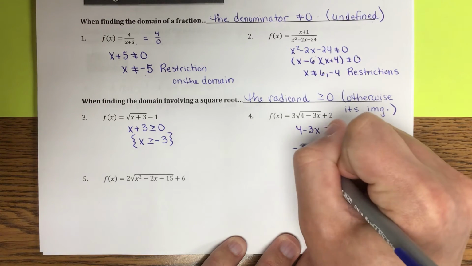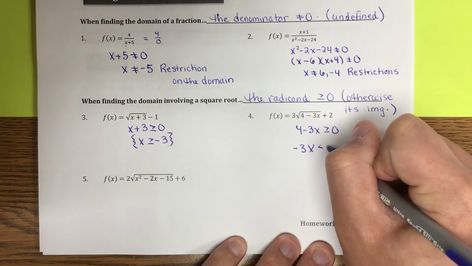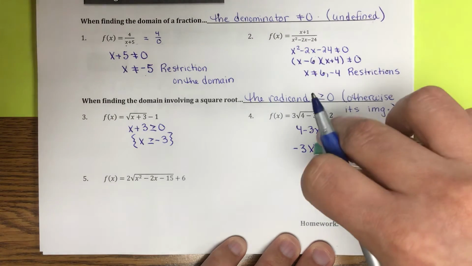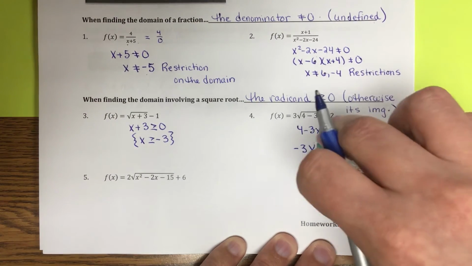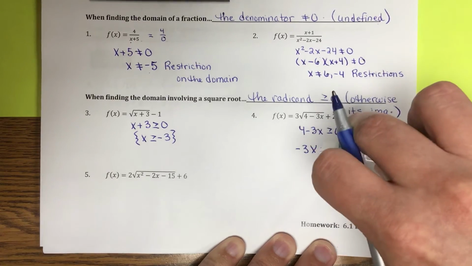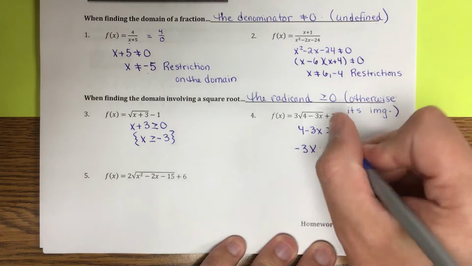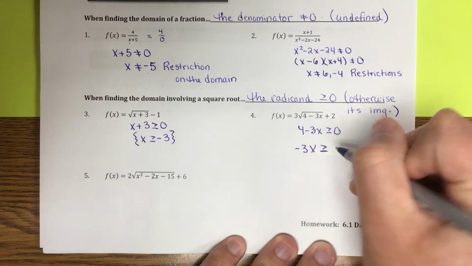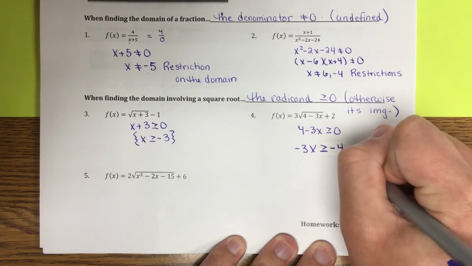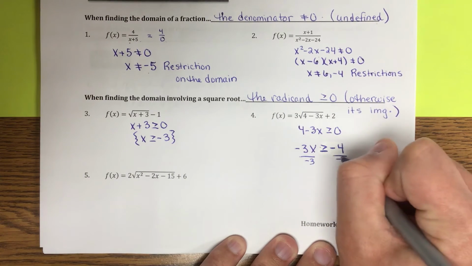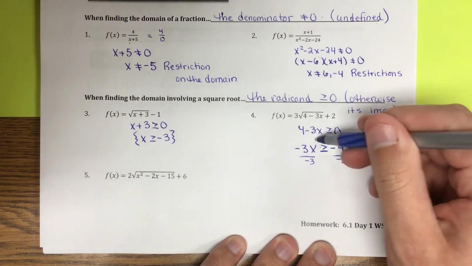Let me show my work here. I was going to write the final answer, but I want to remind you, if I show my work here, that when you subtract the 4 and then divide by -3, when you multiply or divide by a negative, it flips the inequality.